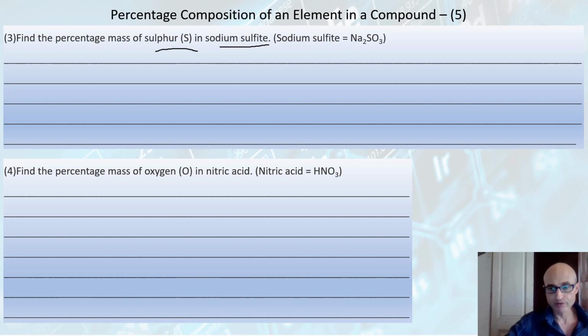Do not confuse sulfide with sulfite with sulfate. Okay, sulfide is just sulfur, S, sulfite is SO3, and sulfate is SO4. The way I learned it a very long time ago is that sulfate, 8, that means plenty of oxygen.